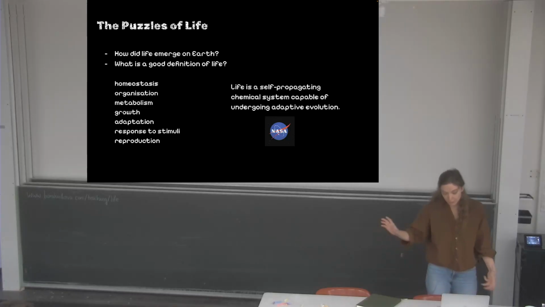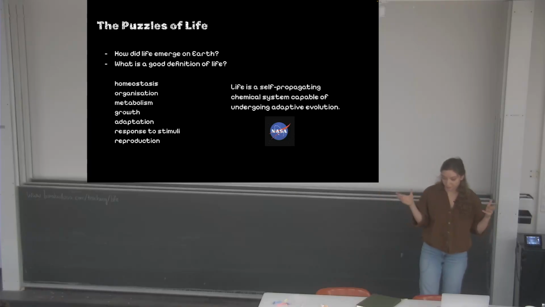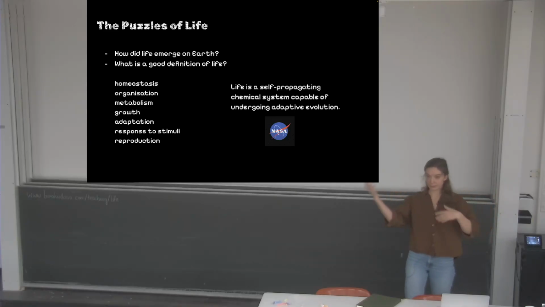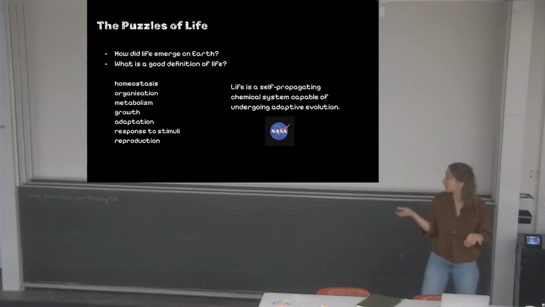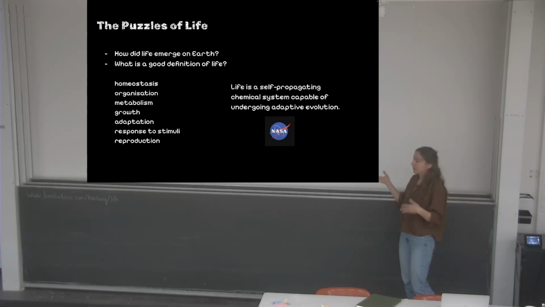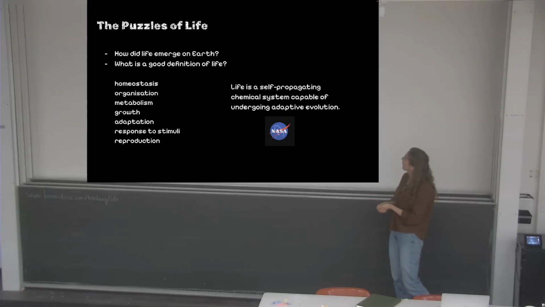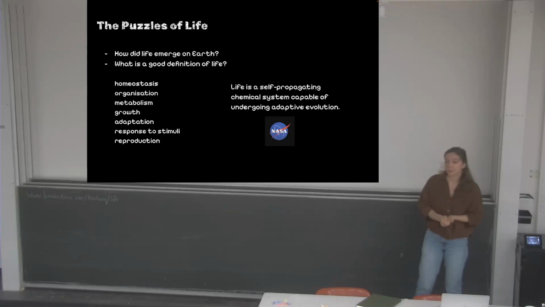So I will put it side by side with a definition by NASA, which is aimed more at studying life in extraterrestrial environments, and there it's a bit more reduced and more general. It says it's a chemical system, but other than that, it just says that it should be self-propagating and undergoing adaptive evolution.